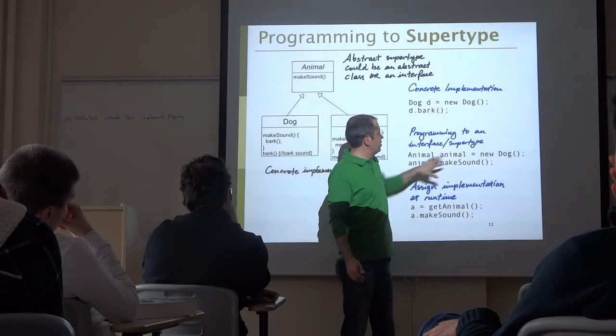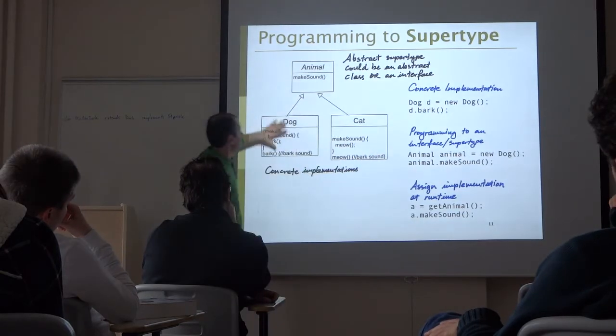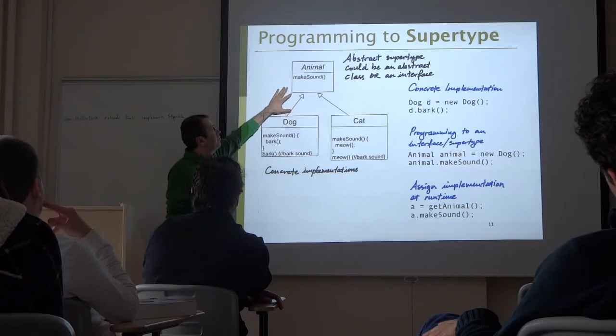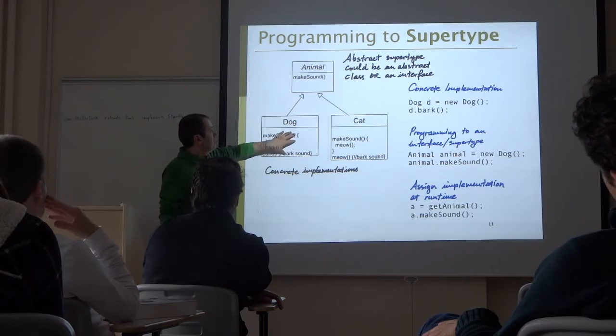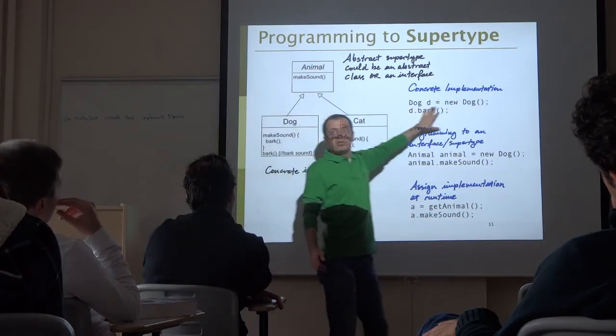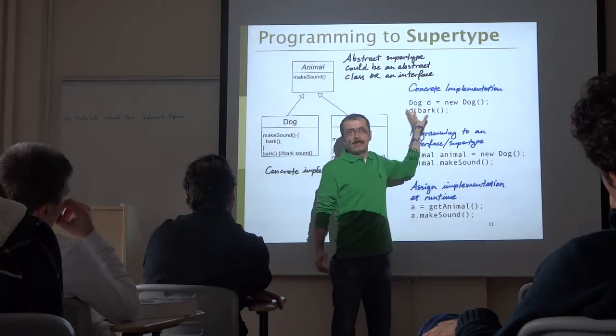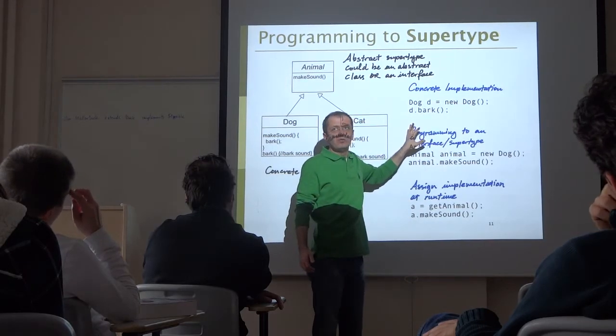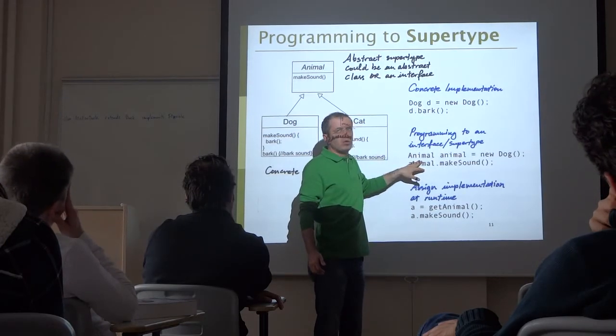Even if I have this design, with this animal and the dog inheriting this animal, I can still write this, right? It wouldn't give me an error, but that would be a stupid thing to do most of the time.